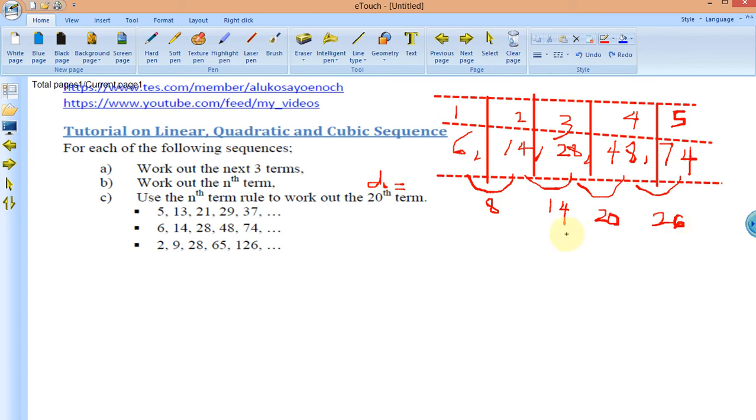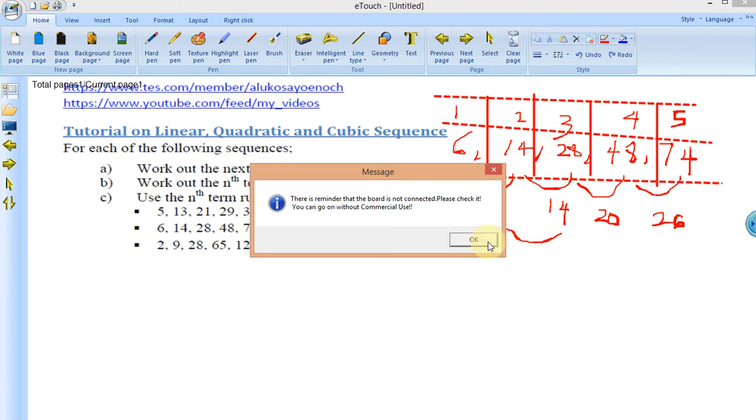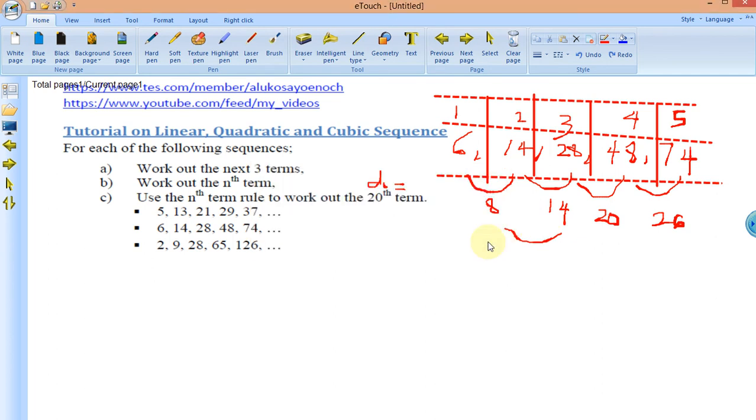So let's take the difference once again. 14 minus 8, that is 6. 20 minus 14, that is 6. And 26 minus 20, that is 6.